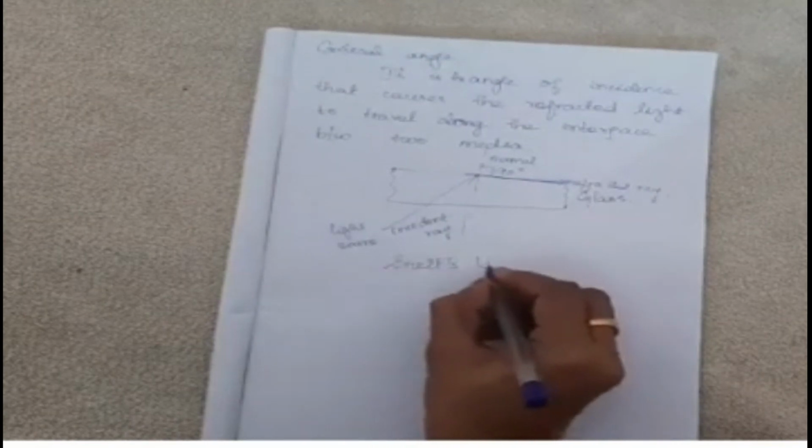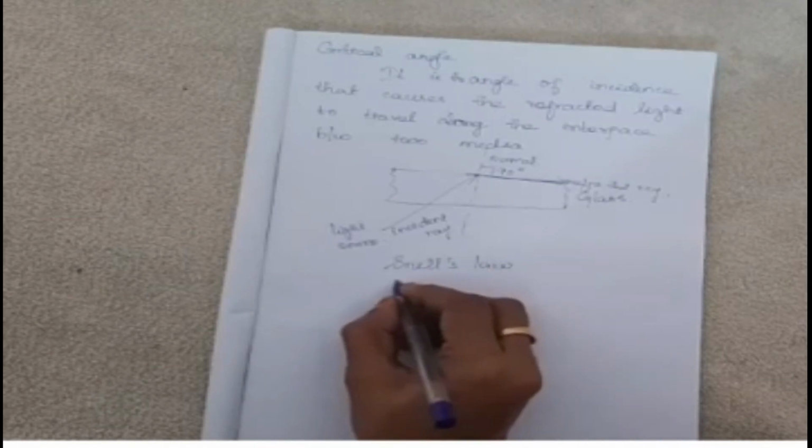According to Snell's law, what is Snell's law? Mathematically we can express Snell's law as n1 sin phi 1 equal to n2 sin phi 2. So what are phi 1 and phi 2? Phi 1 and phi 2 are the angle of incidence and angle of refraction. Okay, so now sin phi 1 is equal to n2 by n1 into sin phi 2.